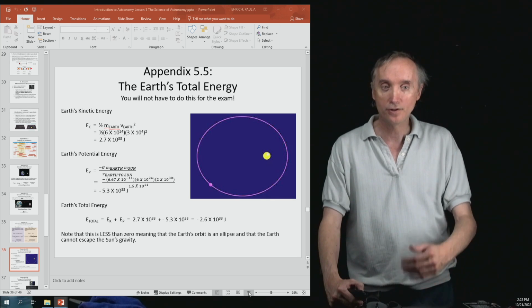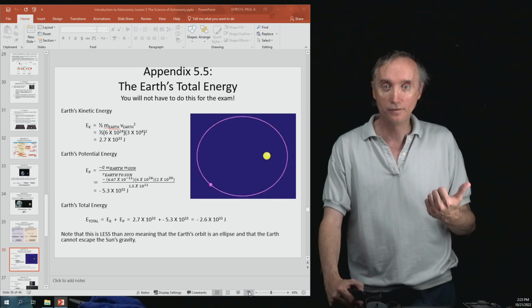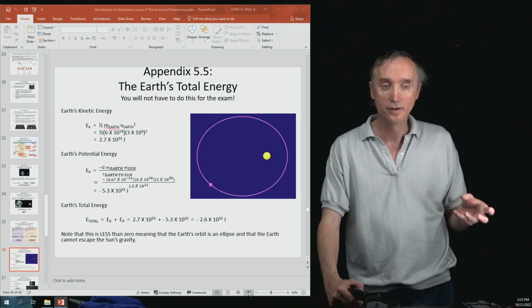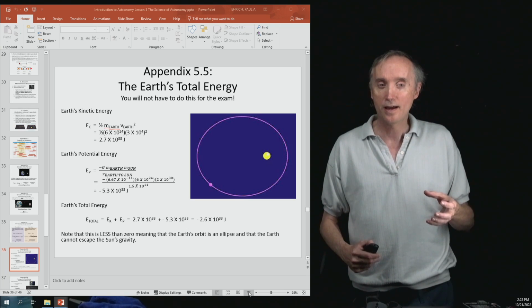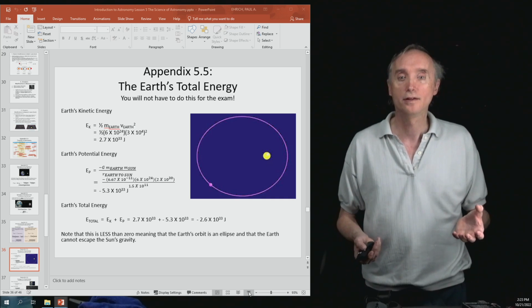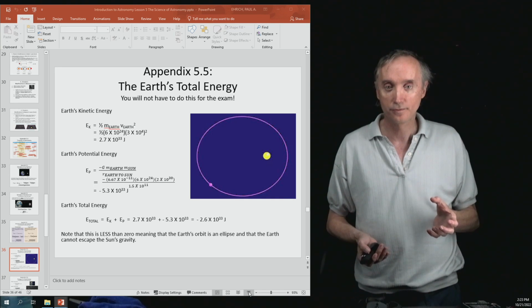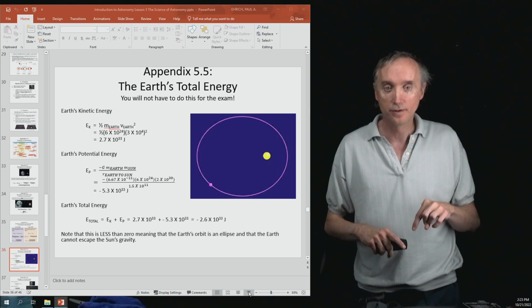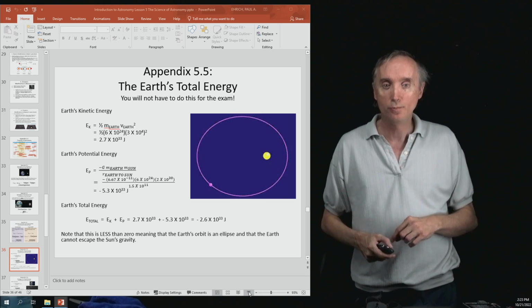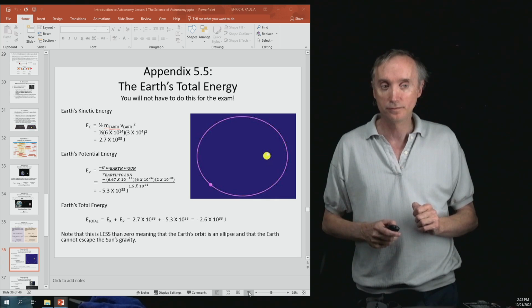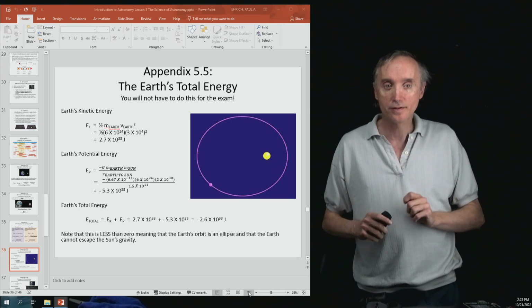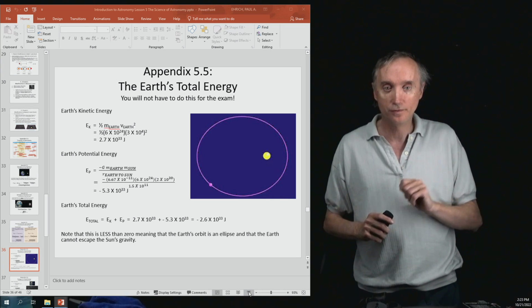And so I calculated the kinetic energy of the Earth, 1/2 mv squared, and I calculated, I have a lot of time on my hands, I'm sorry. And then I calculated the potential energy of the Earth, and then I added them together, and do you notice you end up with a negative number? What does that mean? Gravity is winning, and that means that the Earth cannot escape because it's a negative number.